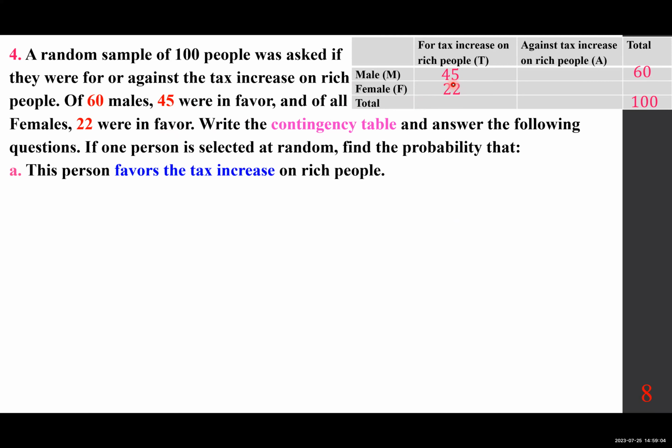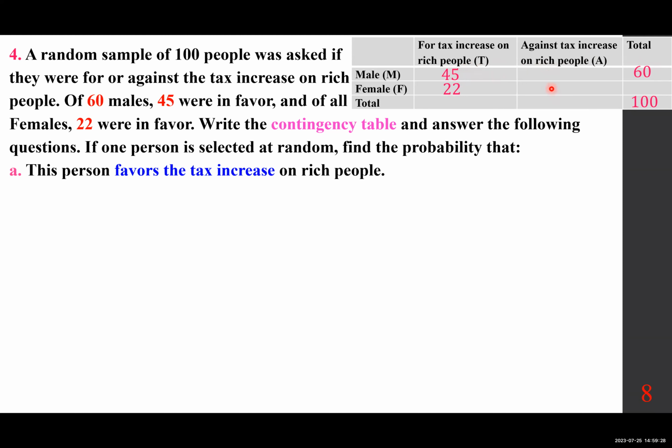Now, this is good enough for us to fill up the rest. First and foremost, what number comes here? Add these two, 45 and 22, the total is 67. What number comes here? The total is 60. So 60 minus 45, 15. So we have number 15 here.